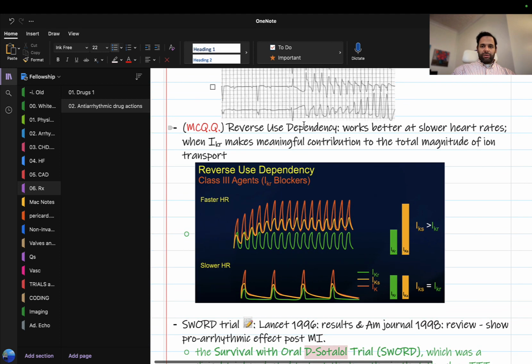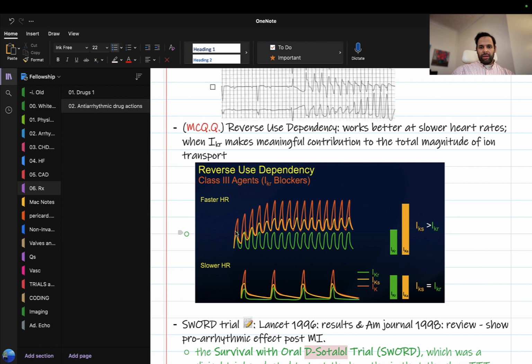So reverse use dependency works better at slower heart rates, when the IKR, the rapid rectifier potassium channels, make a meaningful contribution to the total magnitude of ion transport.